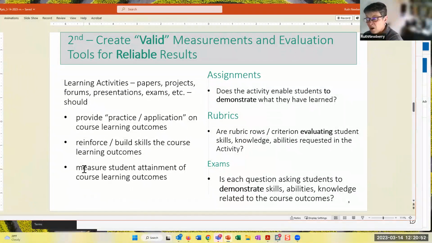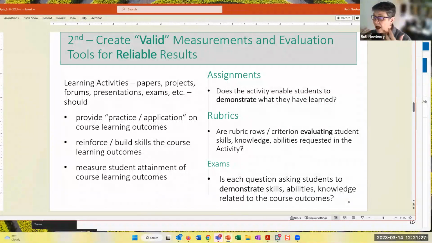Next is, though, are they actually measuring what you're asking students to do in your courses? So this was where assignments, and by assignments, I don't always mean papers. I mean discussion forums, group activities, your presentations, whatever you are asking the student to do, is it designed to help them demonstrate what they have learned or don't know?